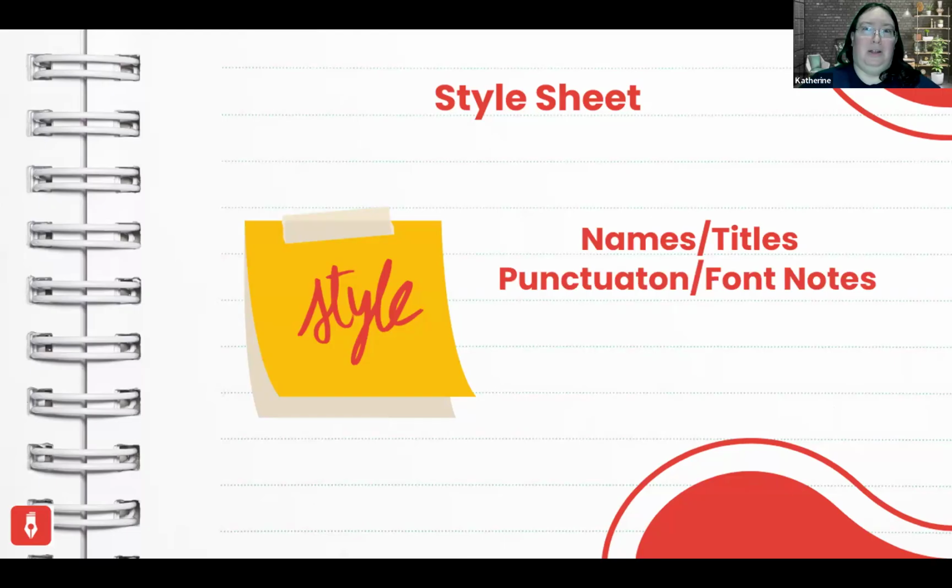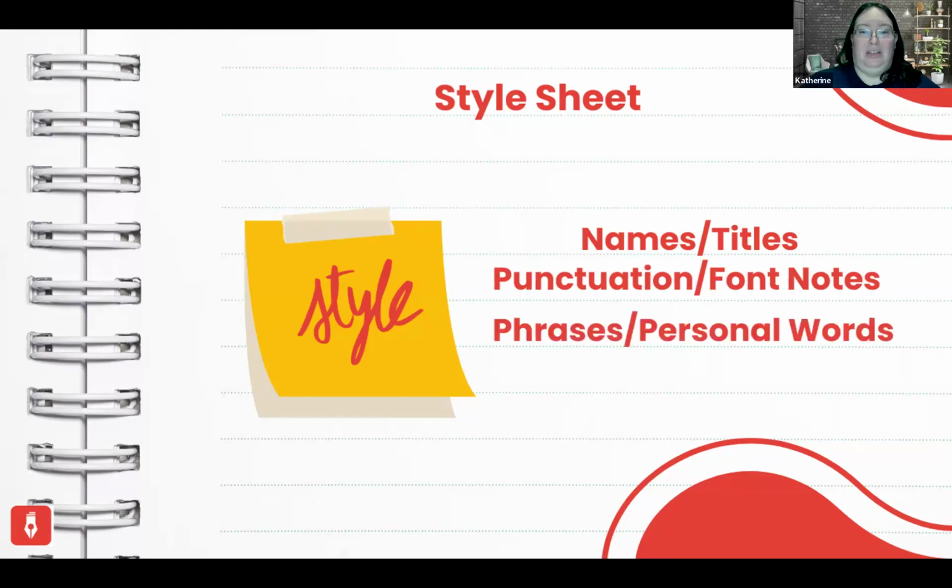Are you going to use the old Oxford comma, even though Chicago Manual of Style has written it out except for serial commas? Are you going to add the extra S to the end of a name ending in S that has an apostrophe? Those little questions fall into the style sheet. Personal words and phrases that you want the system to look for.